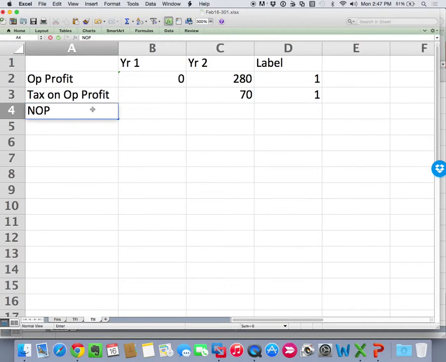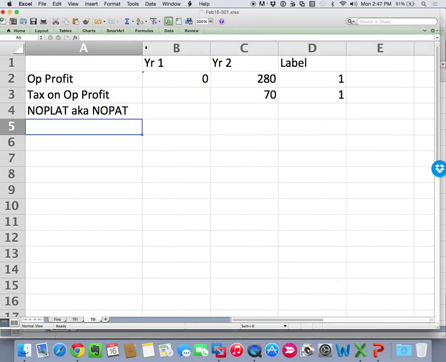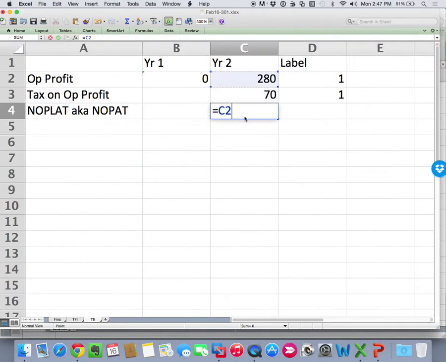That gets me my NOPLAT, aka NOPAT, also known as, equals 280 minus 70. So my NOPAT is 210. Profit after tax, operating profit after tax.